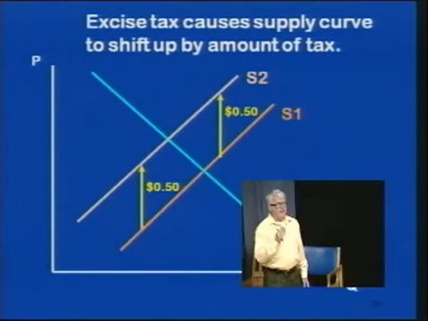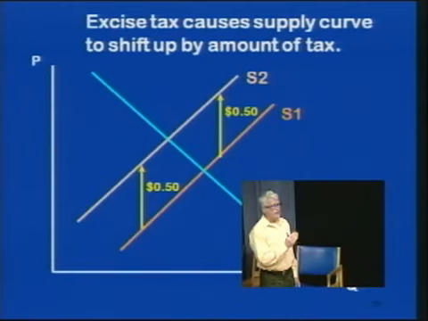The crucial thing is to think about what the supply curves and demand curves are before you look at their interaction. A supply curve is asking the question, if the price were here, how much would suppliers supply? And now the question is, if the price is here and the government takes 50 cents of that price, how much are suppliers willing to supply?